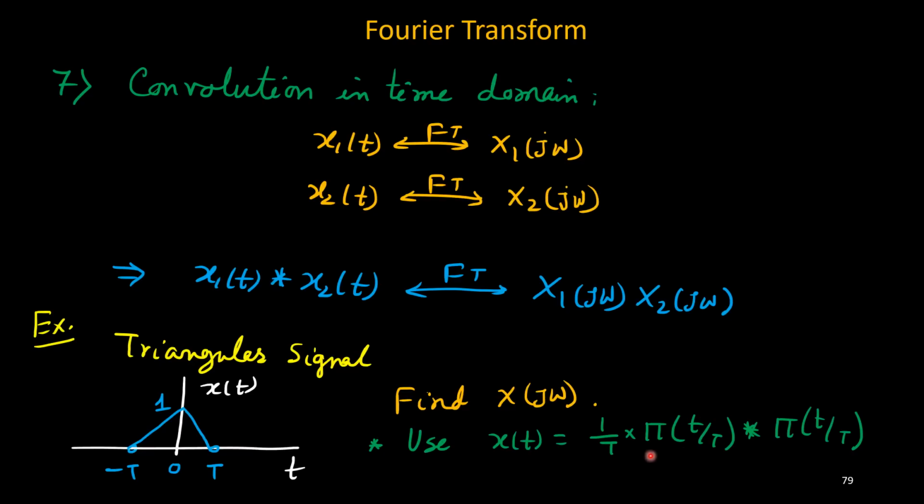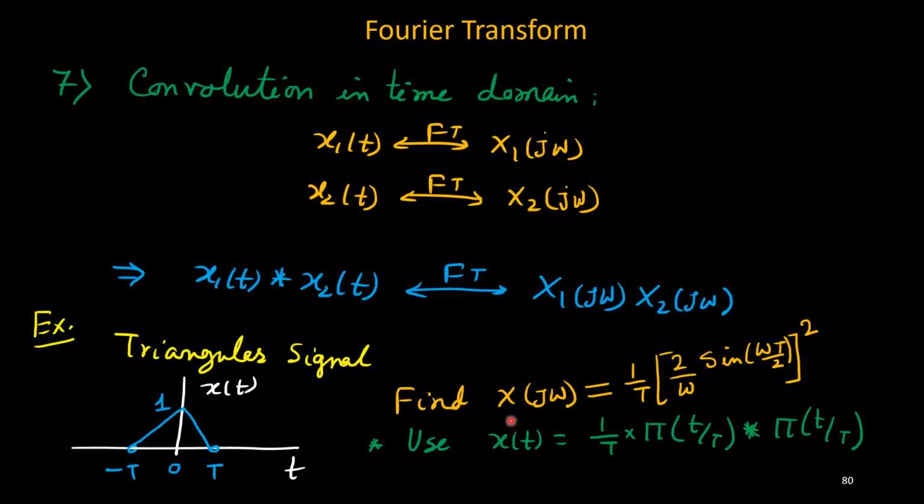So if I consider pi(t upon T) convolved with pi(t upon T) again, you will get this kind of triangular signal, but to get amplitude 1, I need to divide by 1 upon capital T. So this x(t) is nothing but the convolution of these two gate signals multiplied by 1 upon T. You can prove that. I have discussed convolution in detail in one of my lectures, you can go through it.